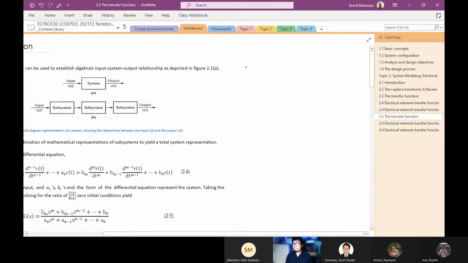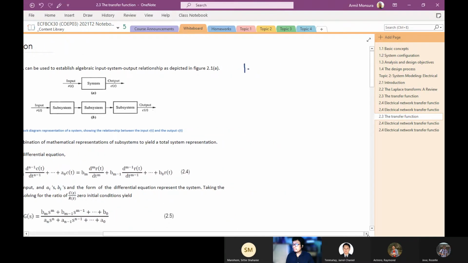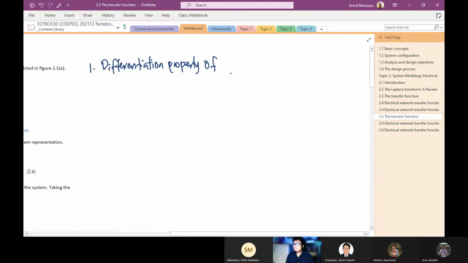Yung first idea is yung tinatawag na differentiation property of Laplace transform. Okay, that's the first idea that I would have you learn from there.